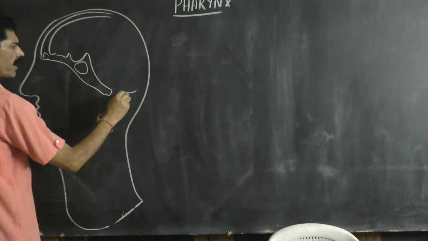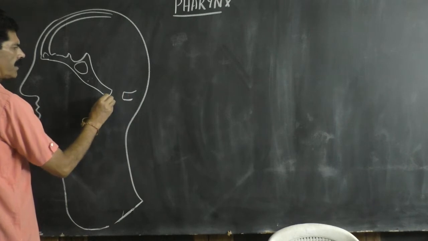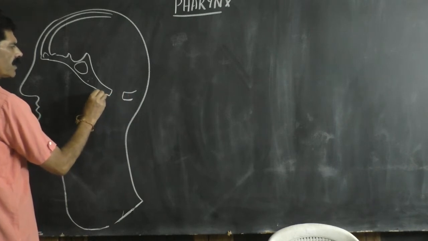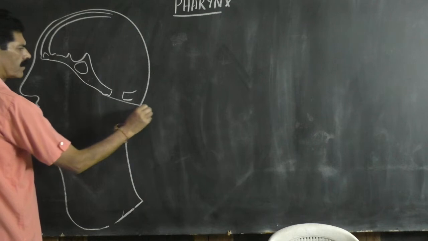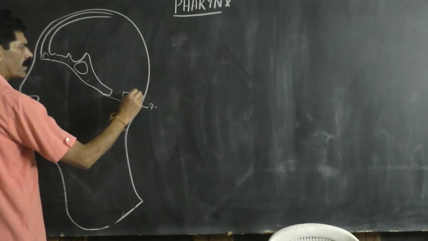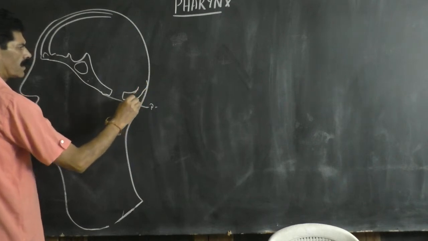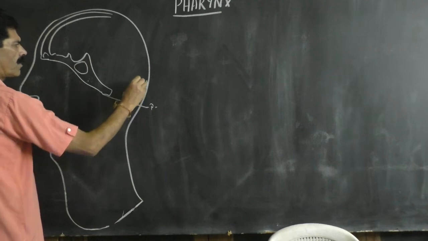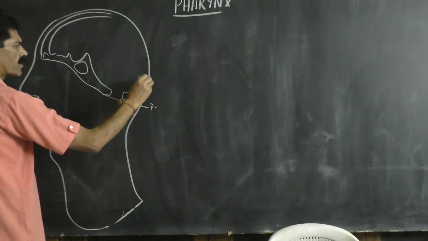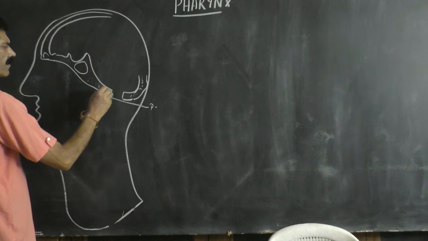This is the foramen magnum, and anterior to the foramen magnum is the pharyngeal tubercle. This is the cranial cavity formed in the sagittal section of the skull.